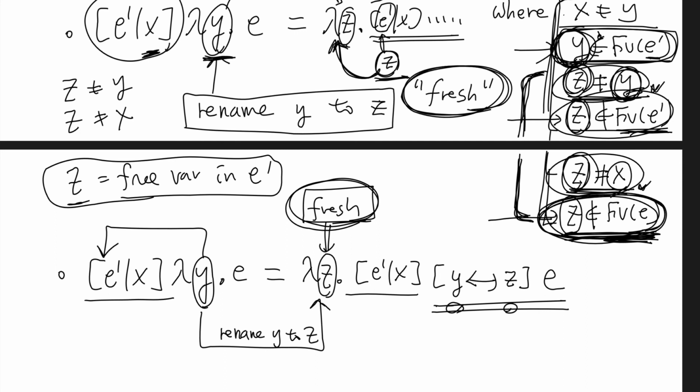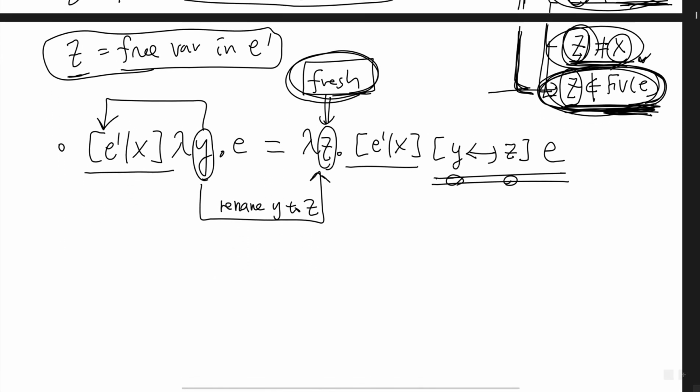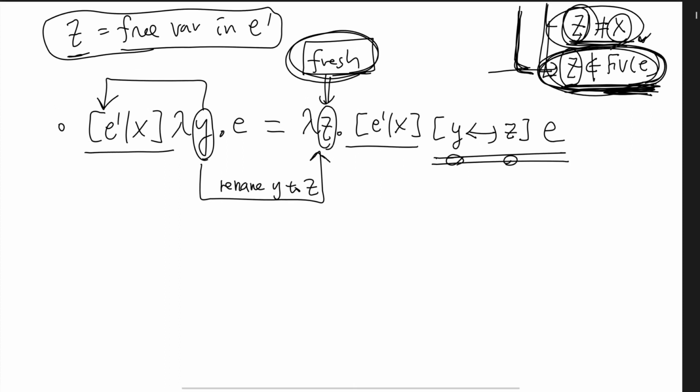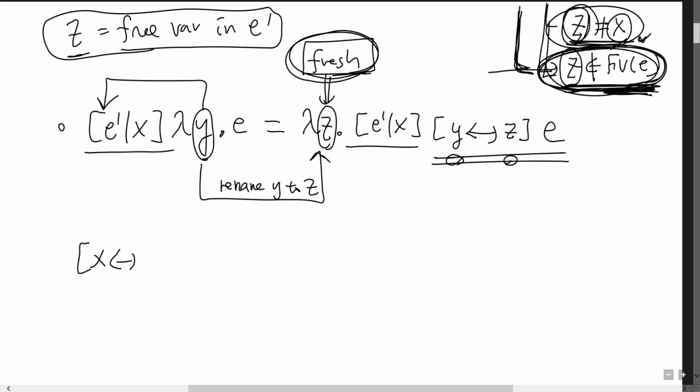So here is an example. x swap y in expression lambda x, lambda y, x y. This operation is actually easy to apply because you just don't care whether it is free or bound.